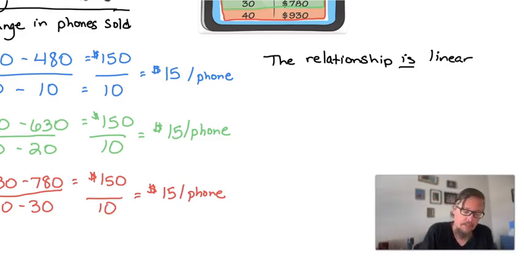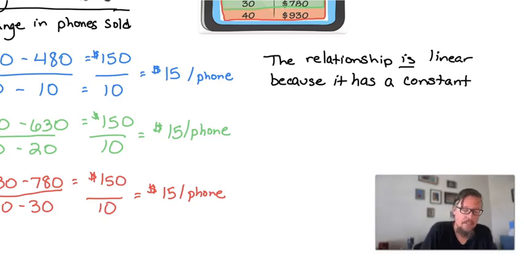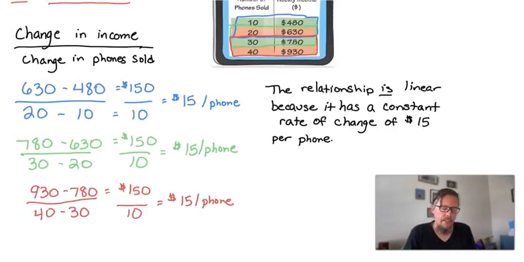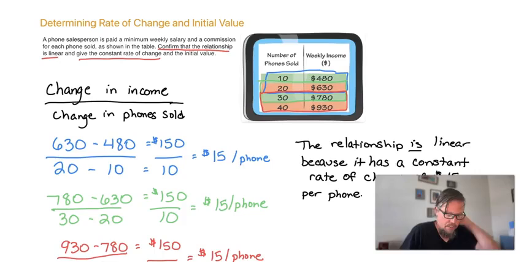Because it has a constant rate of change. And what is that constant rate of change? $15 per phone.